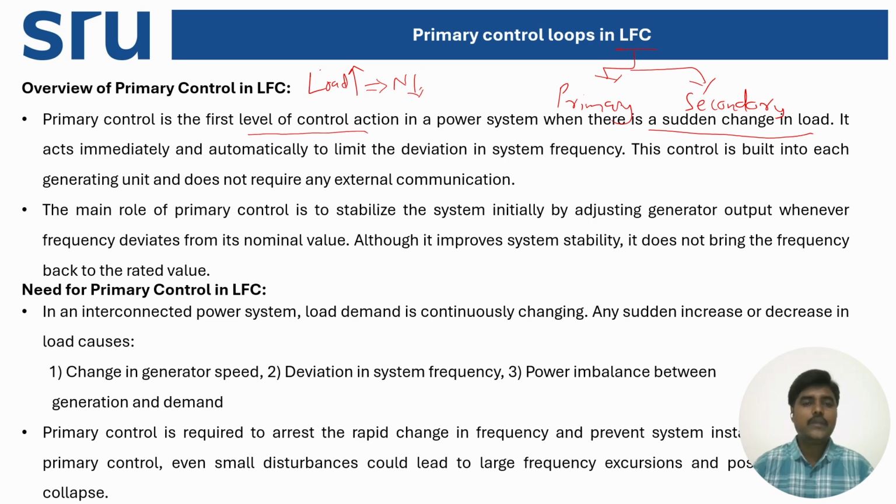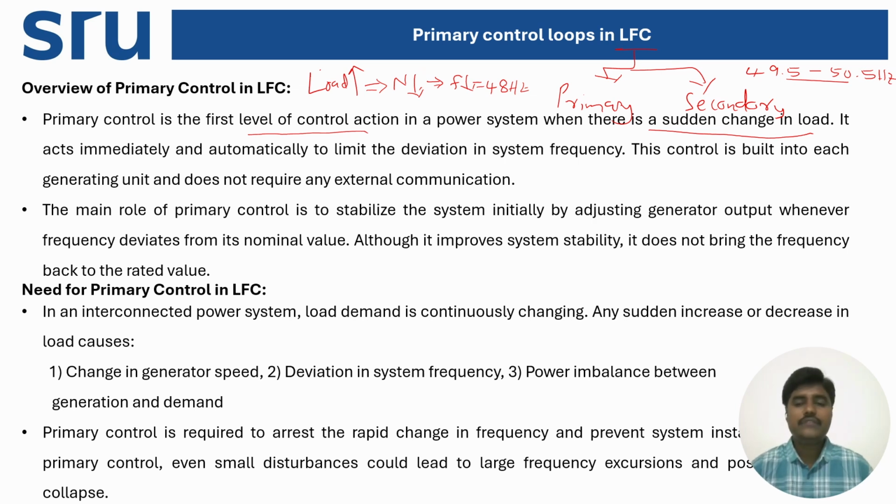So when the speed is trying to fall, then the frequency also will reduce. Let's say the frequency has reduced to some 48 Hz, which is much lower than our nominal frequency 50 Hz. But actually our objective is to maintain the frequency very close to nominal value or exactly equal to nominal value, within the acceptable range of 49.5 to 50.5 Hz.